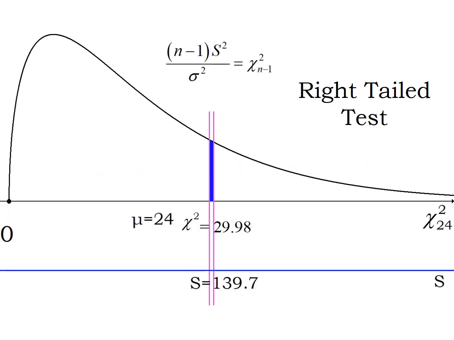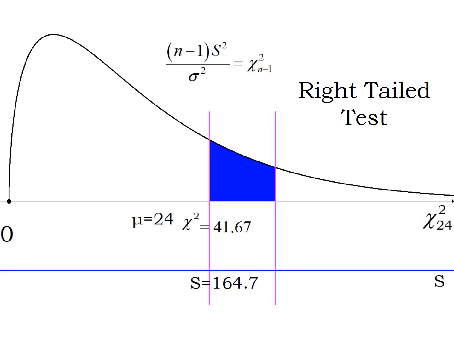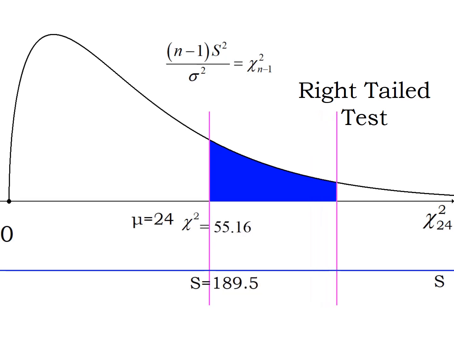So in this scenario, right, more convincing data, S gets bigger. That equates to the chi-squared score getting bigger. Bigger chi-squared scores are on the right side of the graph. So our p-value is going to be the probability of getting our test statistic or anything farther to the right, which is why we call this a right-tailed test.